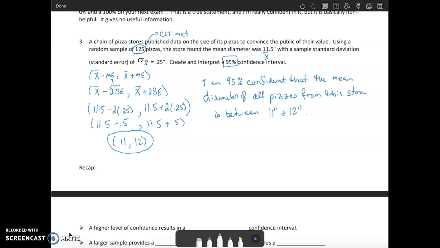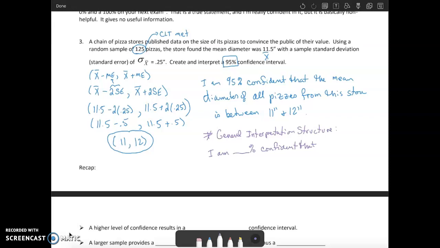As a note here, the general interpretation structure for these is, you can write it as I am blank percent confident that, and fill it in with whatever confidence level you're given. So if it's 95 or 99.7 or 68%, or later we will do other ones that aren't in the empirical rule, like 90s or 80s.